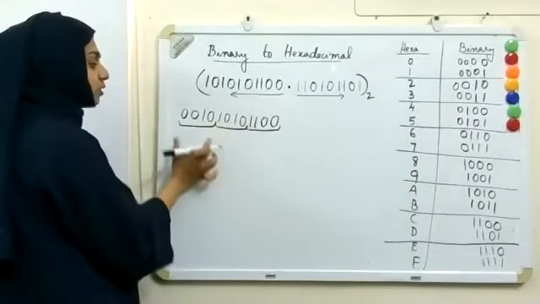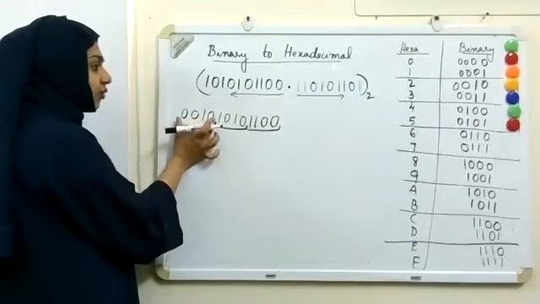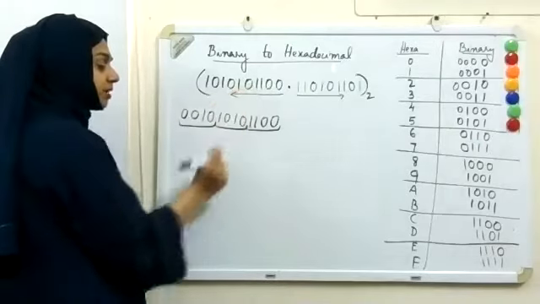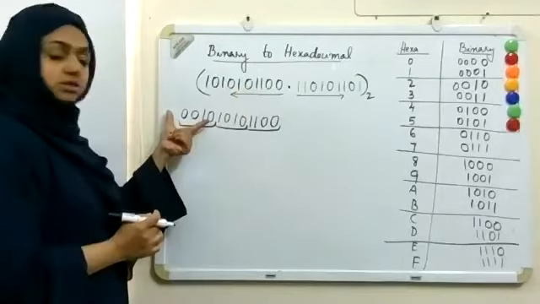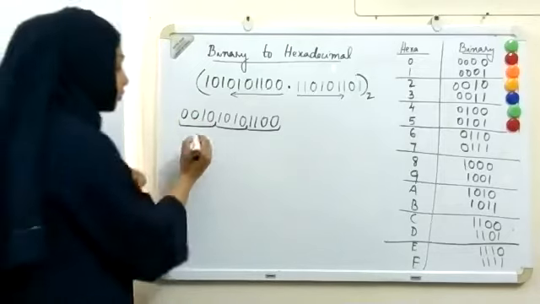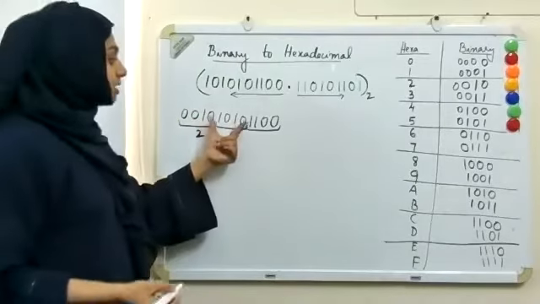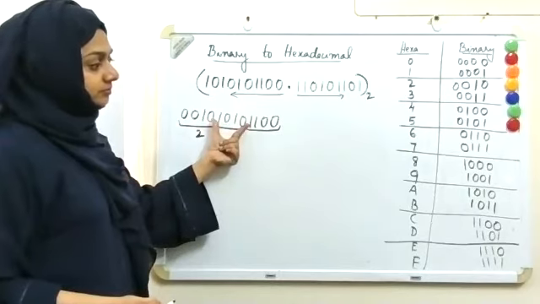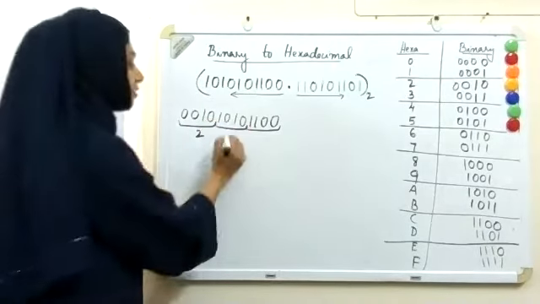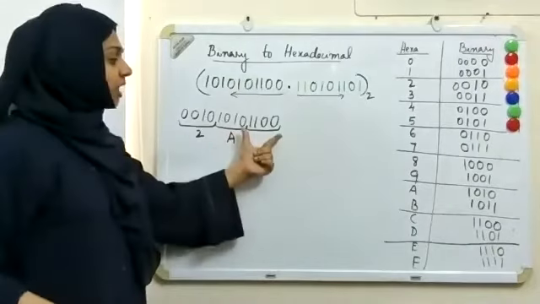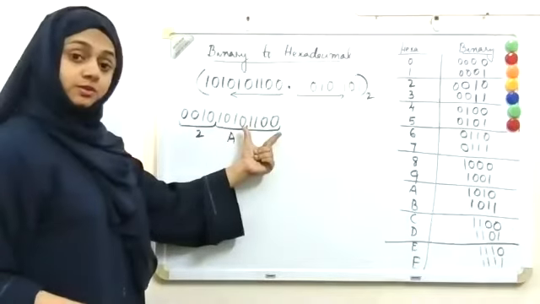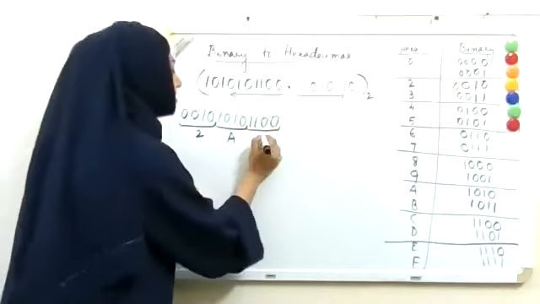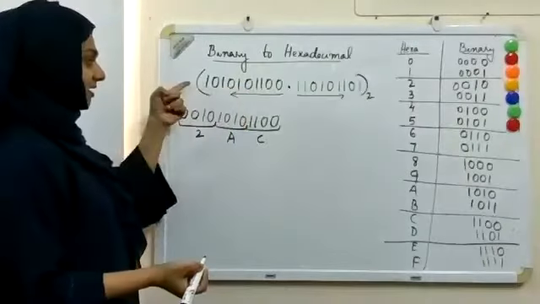So I will write 0 0 1 0. What is the number or letter corresponding to this? 2. And 1 0 1 0 is A, and 1 1 0 0 is C. So we got this part.